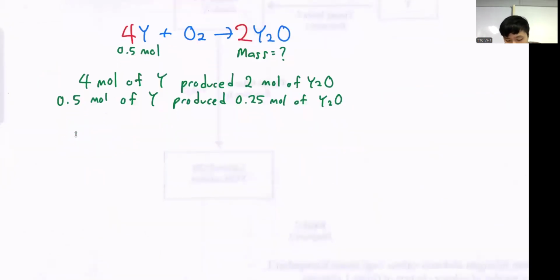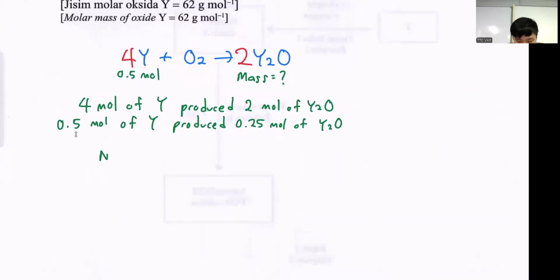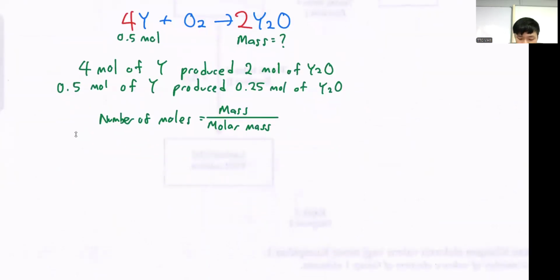Because what is the formula? Number of mole equals to mass over molar mass. Basic Form 4 Chapter 3. So if you want to find mass, it means number of mole multiply molar mass.